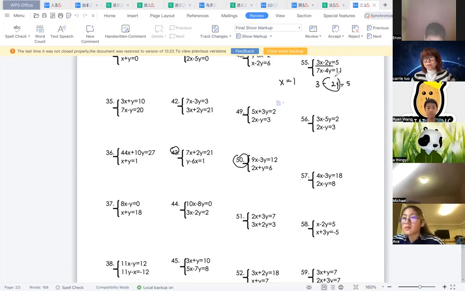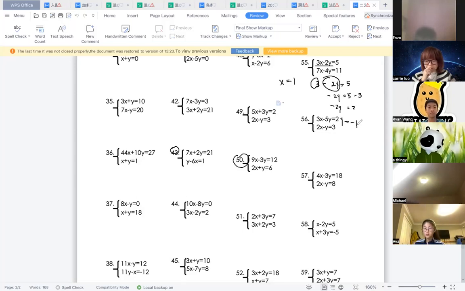So let me ask you, negative 2y equals what? Equals 5 minus 3, correct? Understood. So negative 2y equals 2. So y equals what? Negative 1. Okay. Correct? Anybody understand? Okay, so 43 and 50.